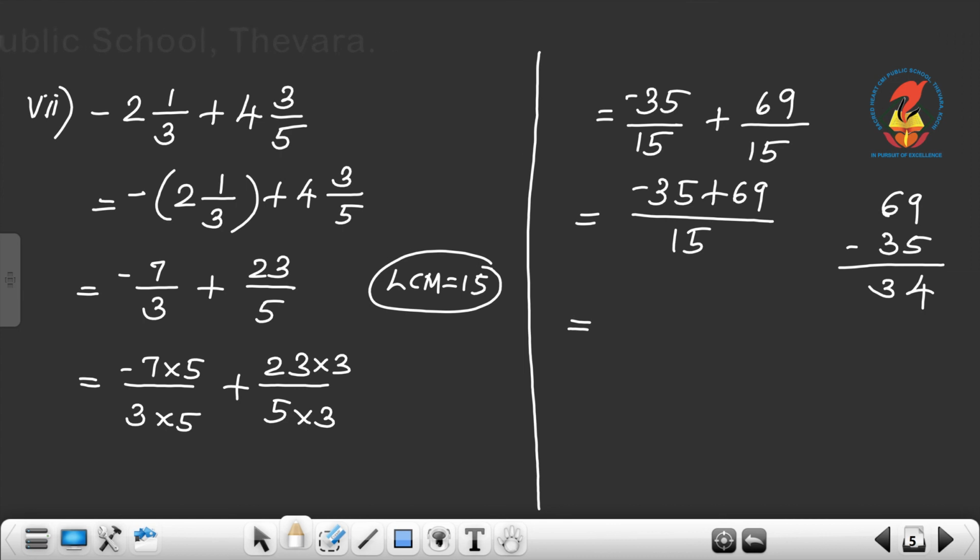So what will you get? Negative 35 plus 69 is equal to 34. So 34 by 15. We can write it in this way, or if you want you can convert it into a mixed number. What is the mixed form? It will be equal to 2 4 by 15.